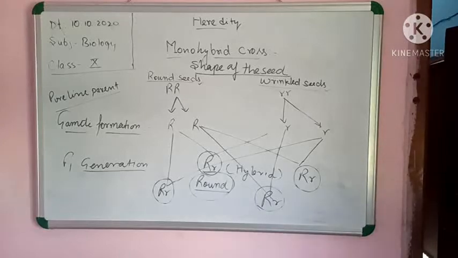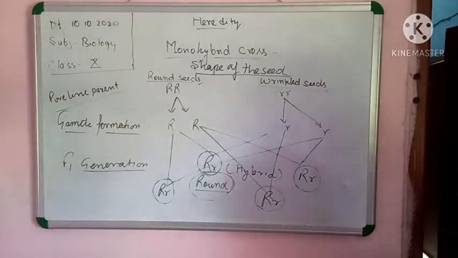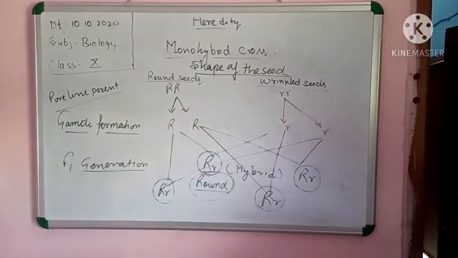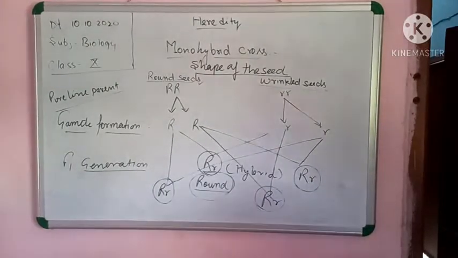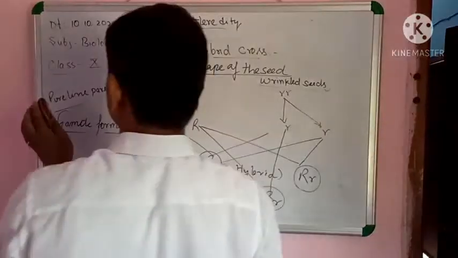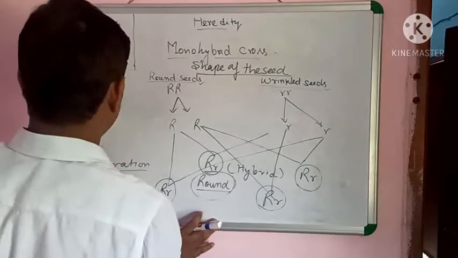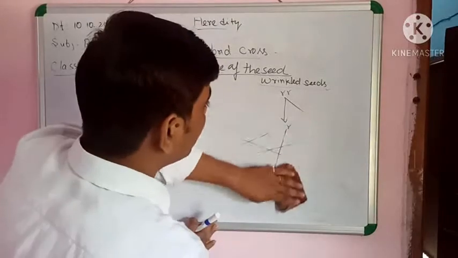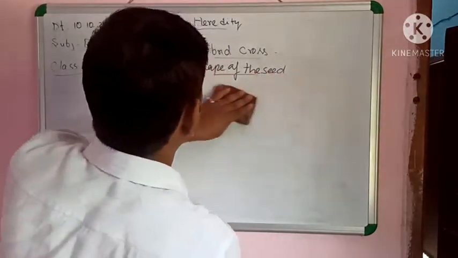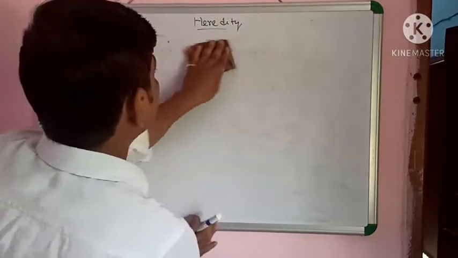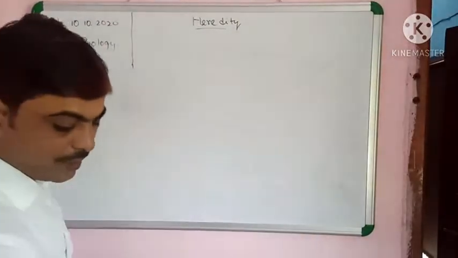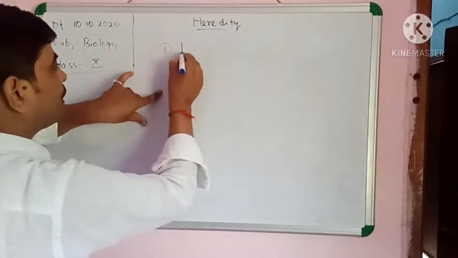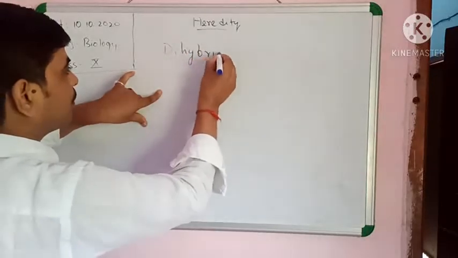Now the second type of cross performed by Mendel is the dihybrid cross. A breeding experiment dealing with more than one character is the dihybrid cross.